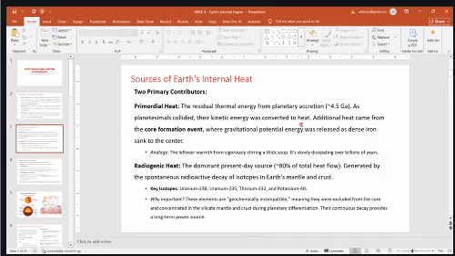Additional heat came from the core formation events, where gravitational potential energy was released as dense iron sank to the center.